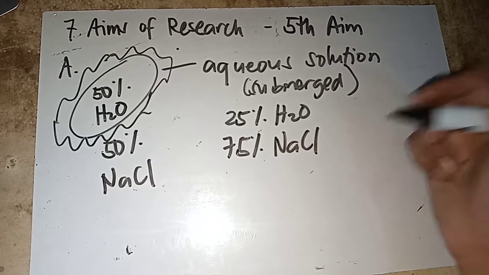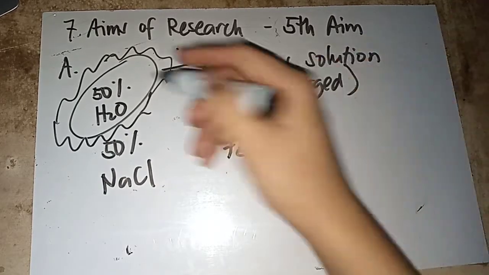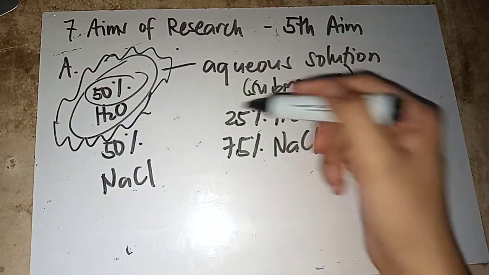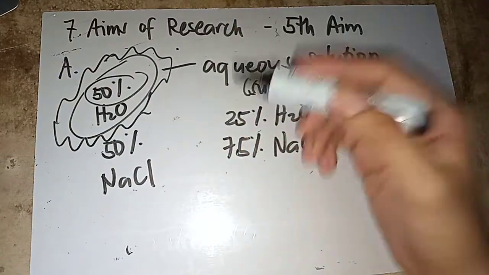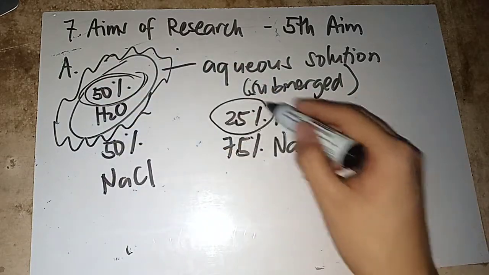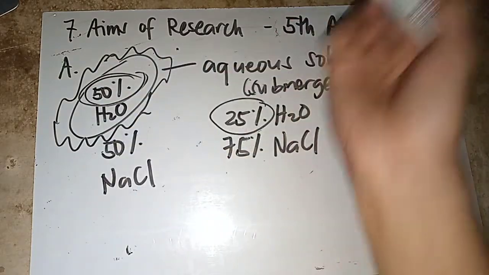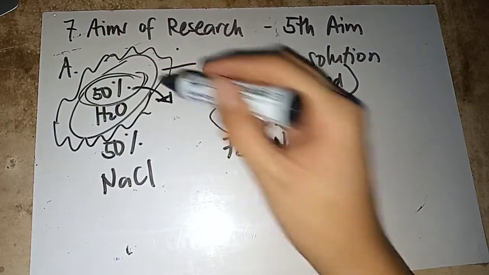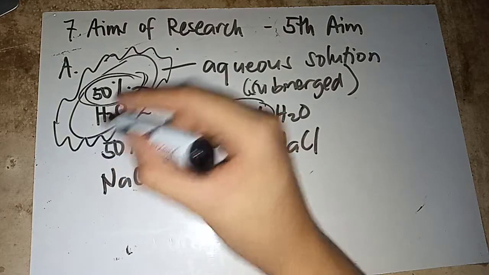So meaning to say, as stated in osmosis, the movement of water is from higher concentration to lower concentration. So the tendency of water from the cell is to move outside the cell.